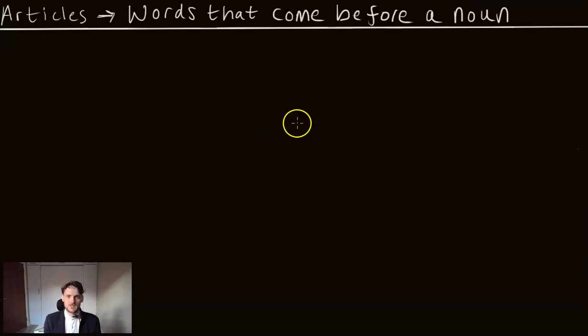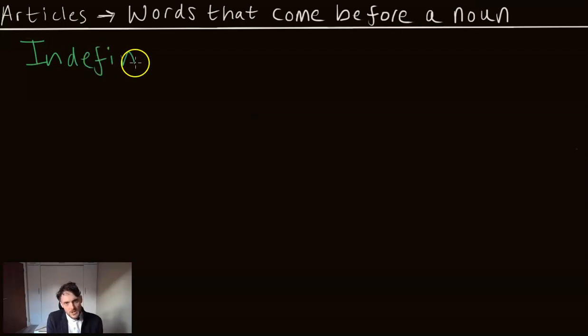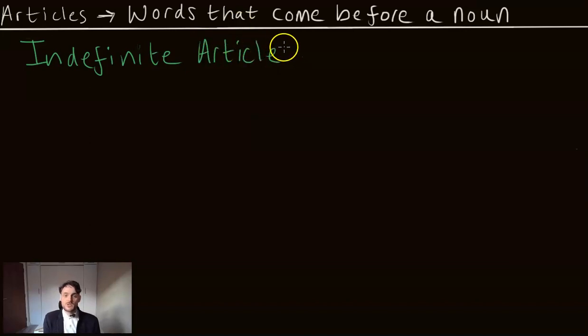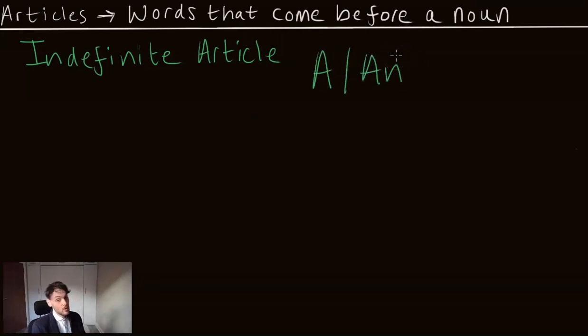Okay, so the first article we're going to talk about is very common. It's one of the two most common articles in English. It's the indefinite article, which will either be a or an. A or an.